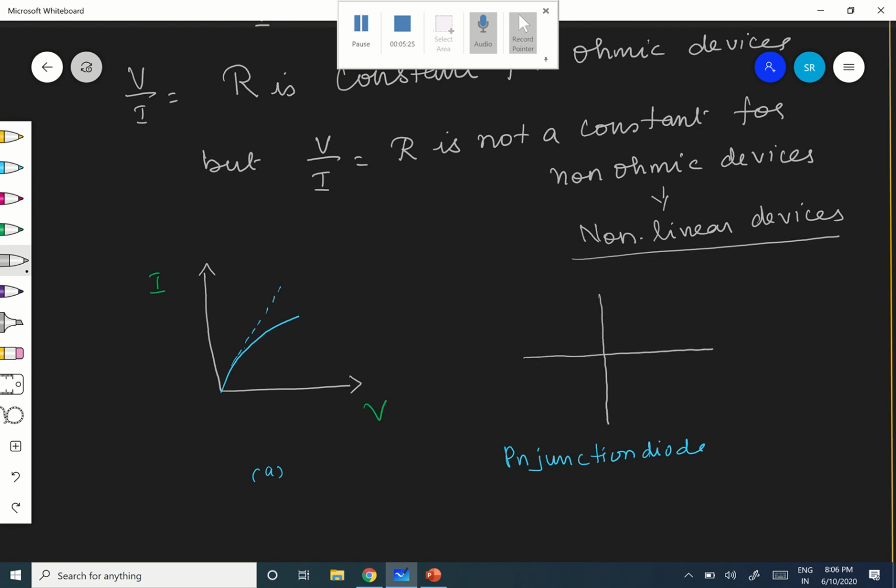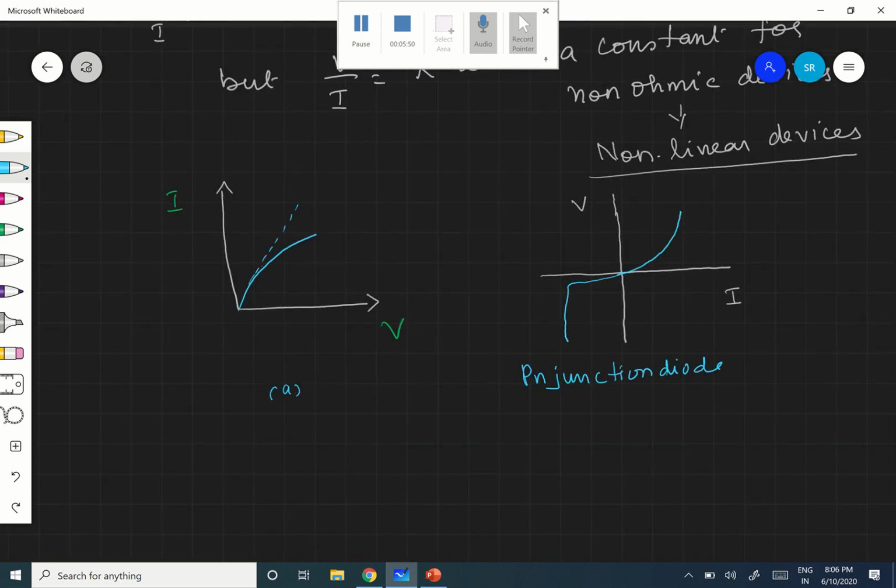It is not a straight line, but instead it will be like this. You will study this in your electronic devices chapter, and at that time you will come to know why it is happening like this.